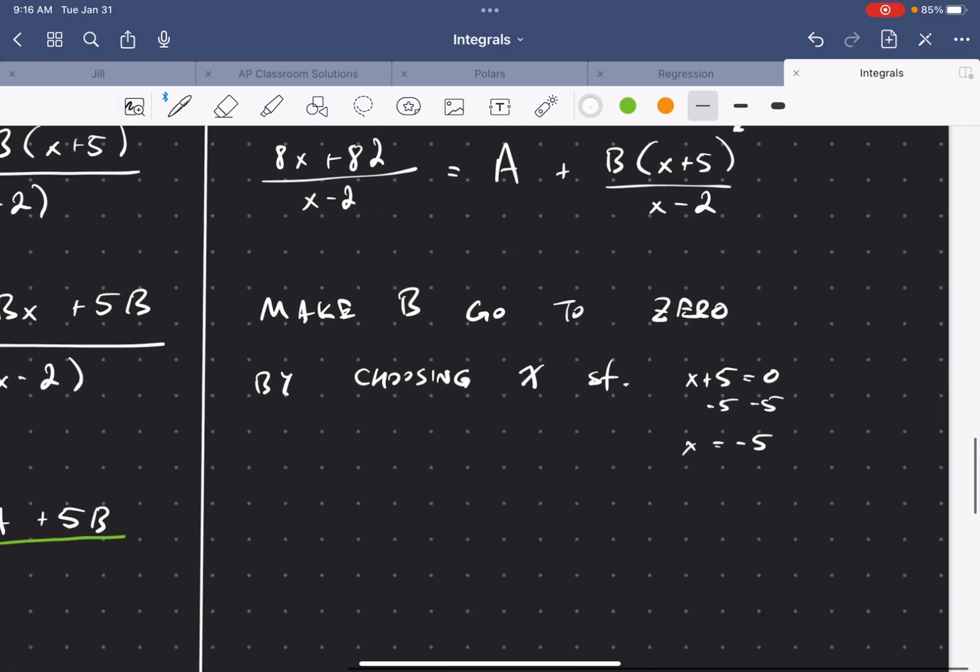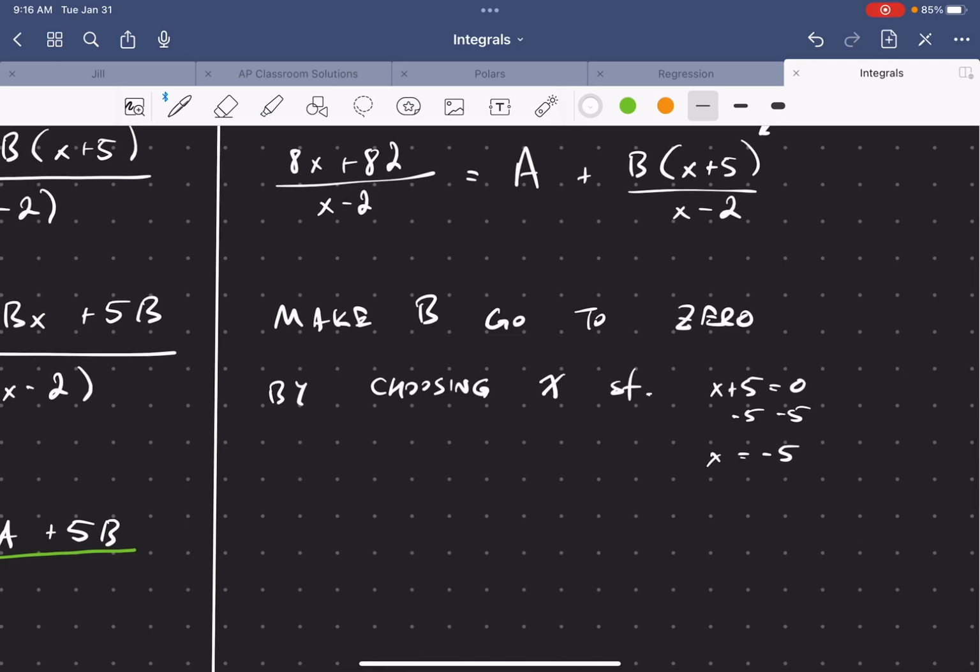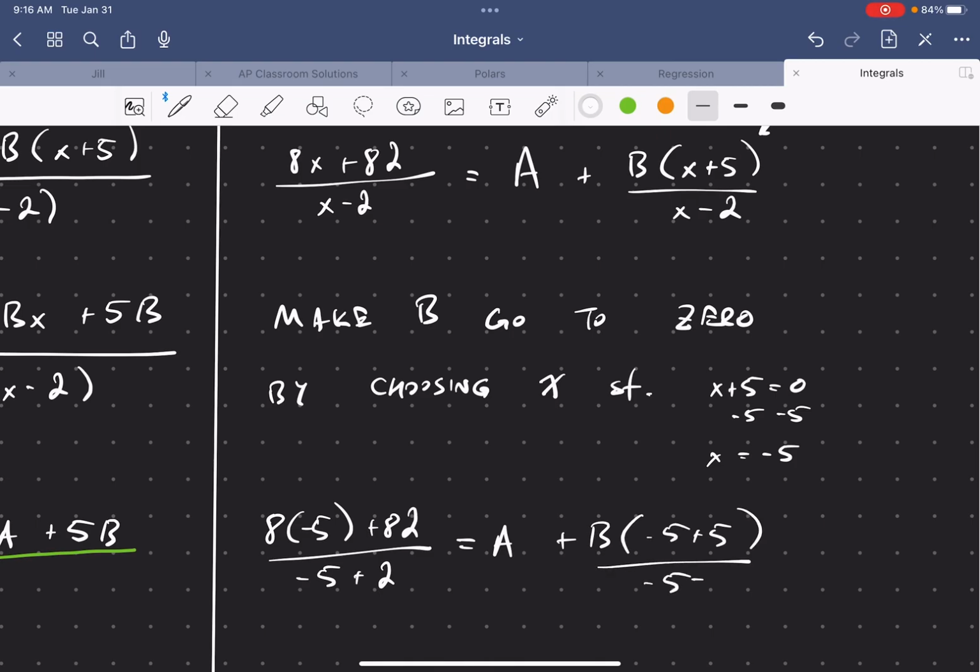So if I plug in x equals negative 5 into this equation, I now have 8 times negative 5 plus 82 over negative 5 minus 2, which would equal a, plus b times negative 5 plus 5 over negative 5 minus 2.